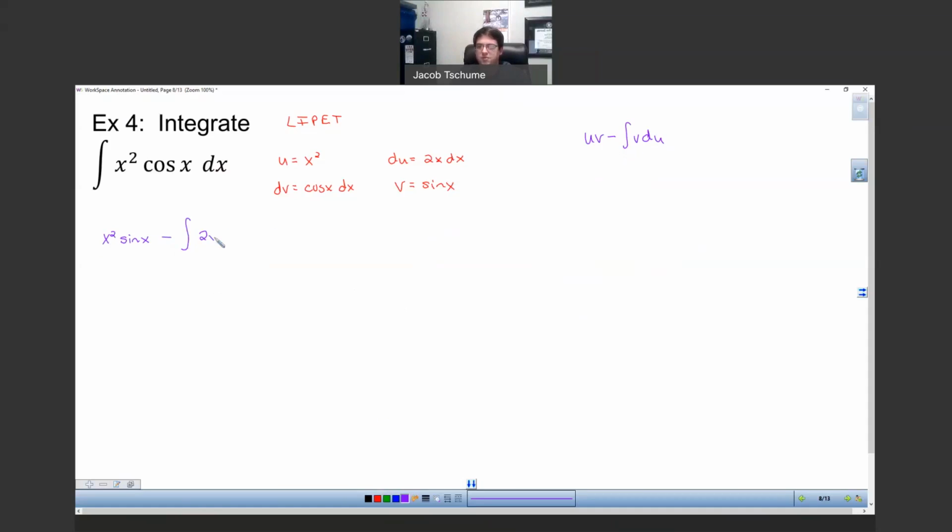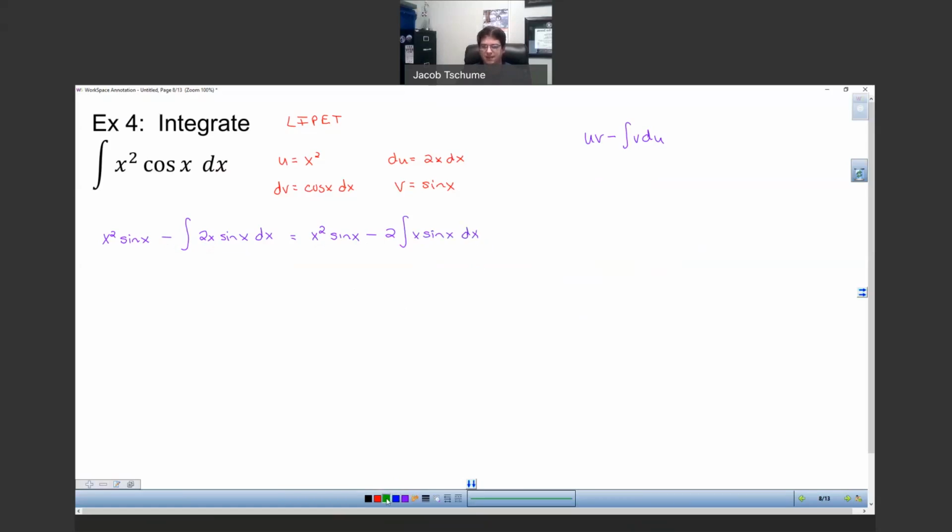And multiplying those together would be 2x sine x dx, which then I don't really need that 2 here, so I could factor the 2 out front and make this x squared sine of x minus 2 times the integral of x sine x dx.